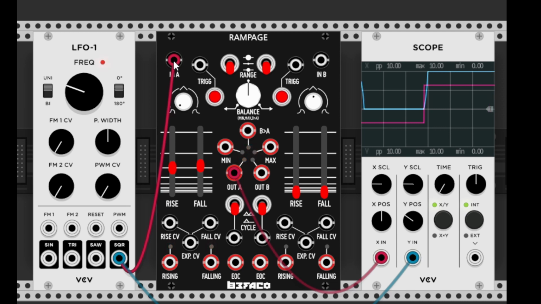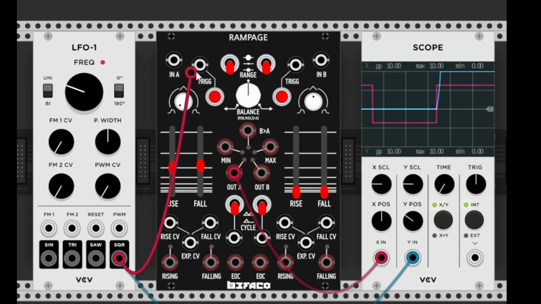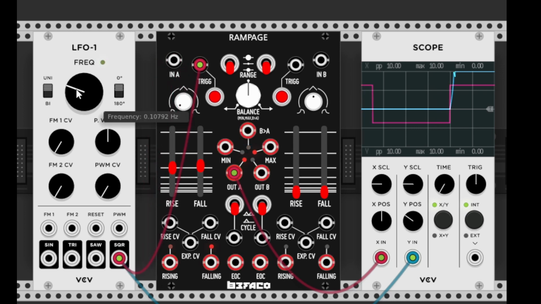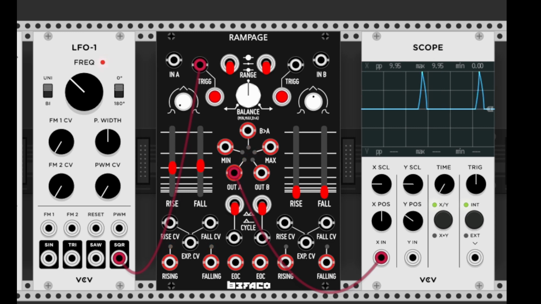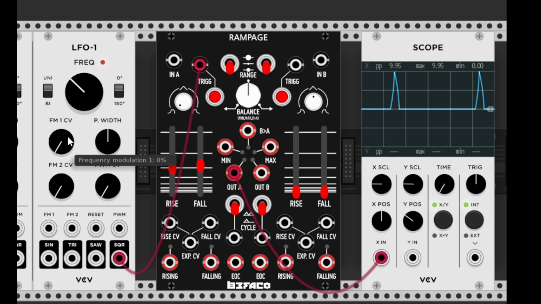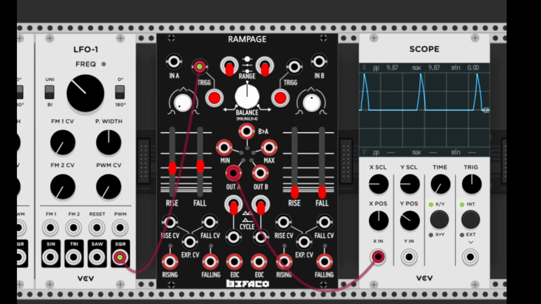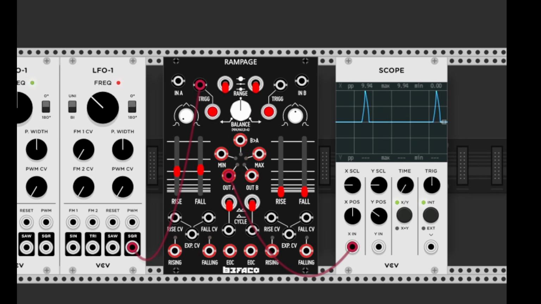Yes, I can modulate the, let's trigger it again. So a little bit faster. So we don't need this. I can modulate the rise and the fall times, of course, by external signals, but I have to zoom out a bit.